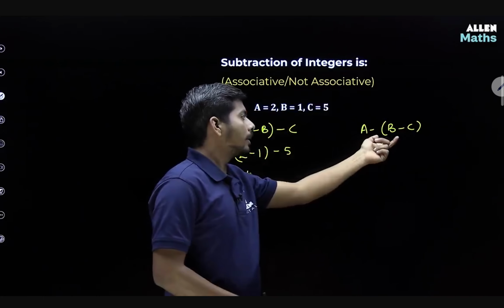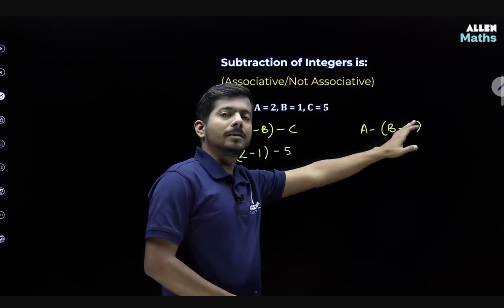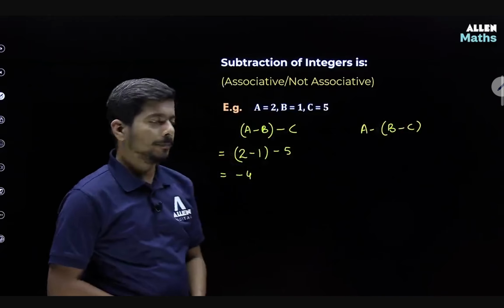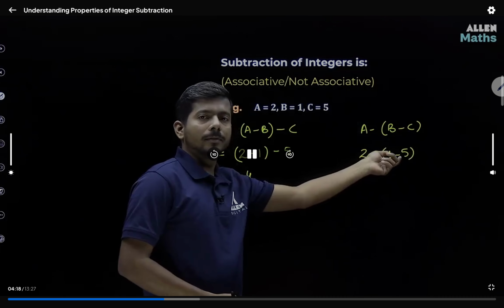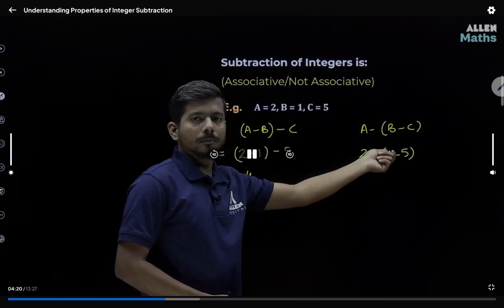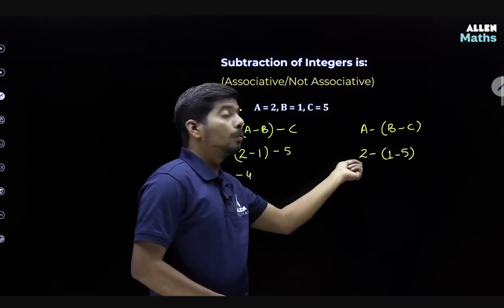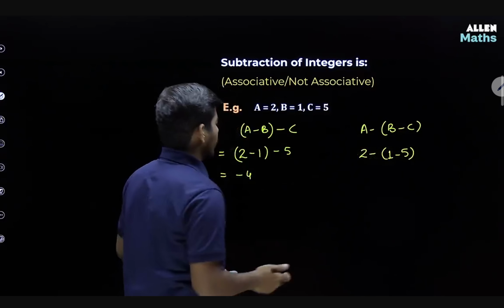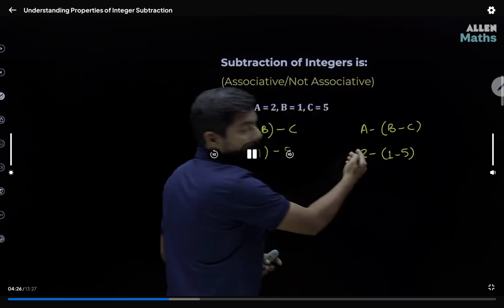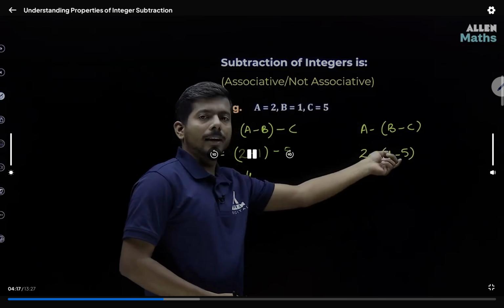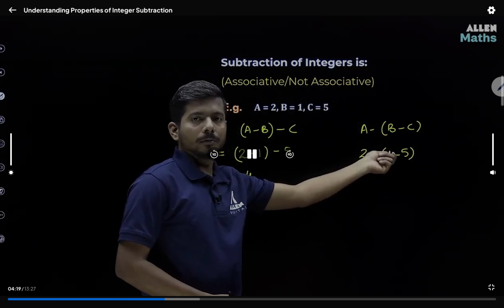And on the other side, first we'll group b and c, and a will be separate. So that is 2 minus negative 4, right? So that will become 1 minus 5, that is negative 4.